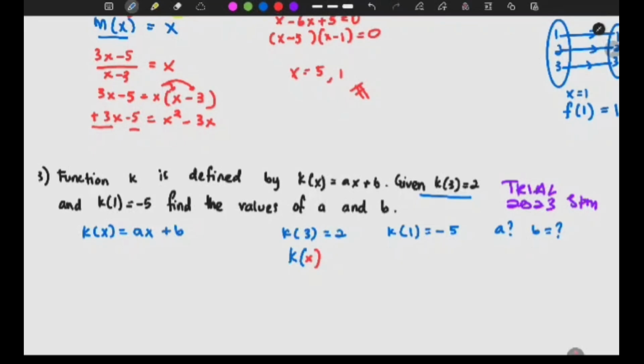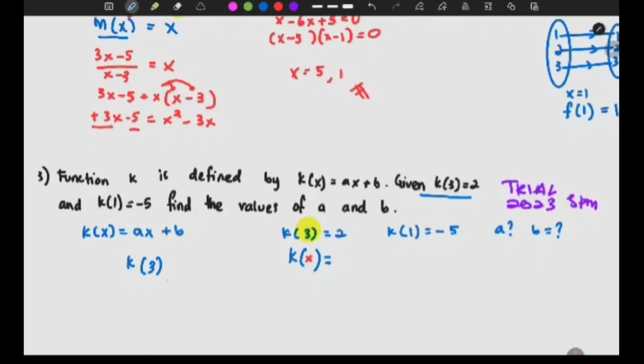Now in this case we use the first clue which they give us, k(3) equals 2. What is inside the bracket is 3. So now let's replace your x with the 3, because instead of writing x, they write 3, so we just write 3 now. We substitute your x with 3.